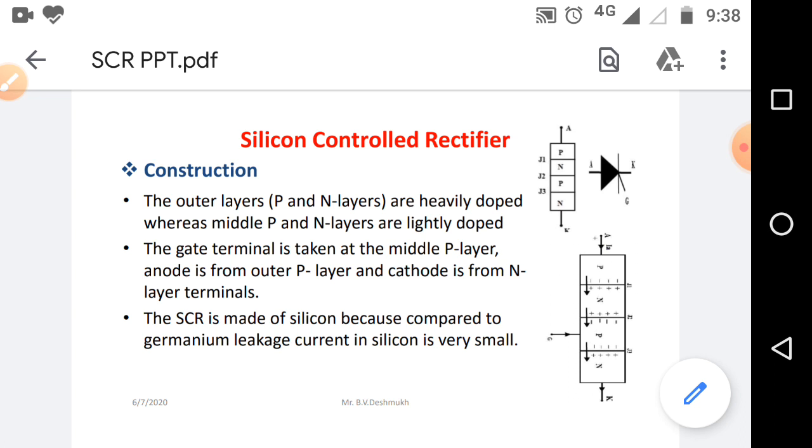This is called the gate terminal. Any electrical signal is connected across the anode and cathode terminals, and through this gate terminal we can control the signal according to our purpose.